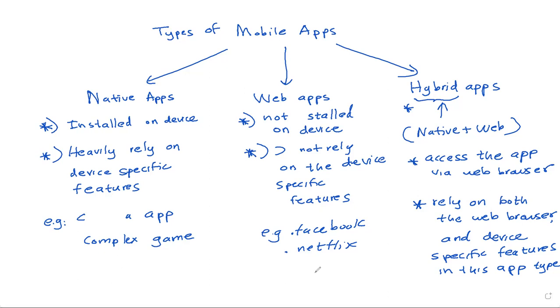Such applications are known as web applications. There are many web applications such as Facebook, Netflix, Amazon, and so on. Once we browse the internet, we can access these applications.